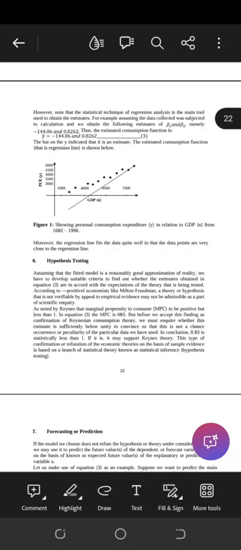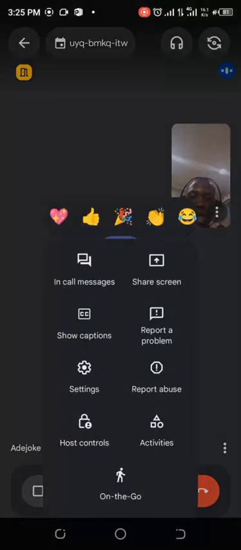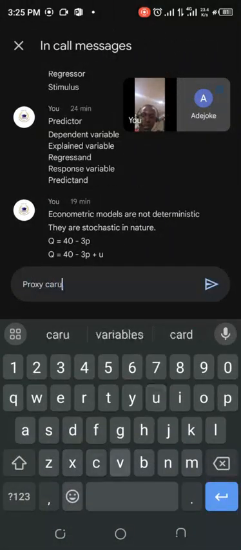Mo ní proxy variable is a variable that is used. Ẹ lè kọ́. Okay. All right.